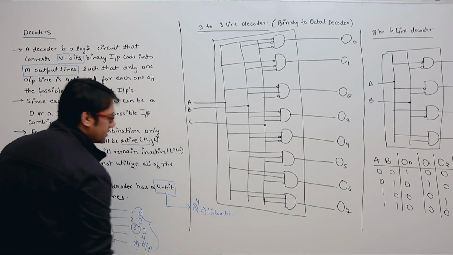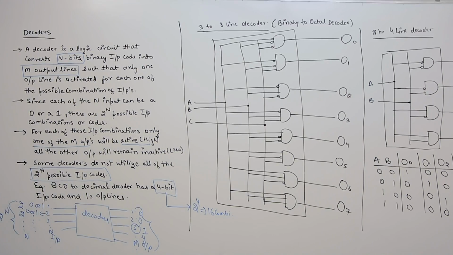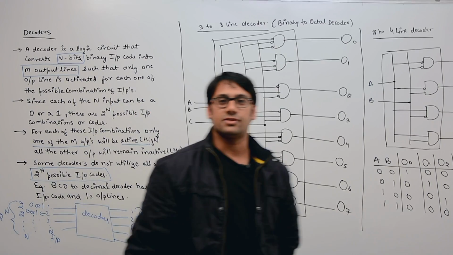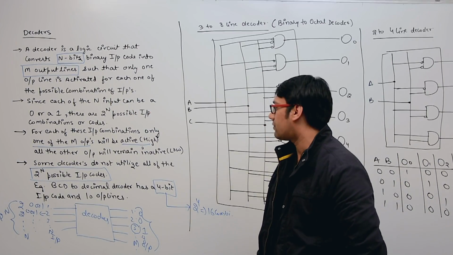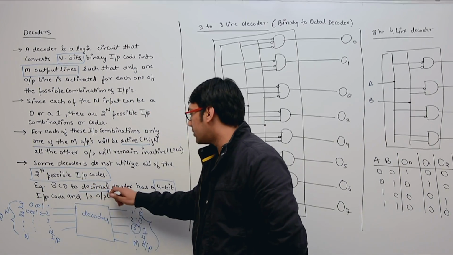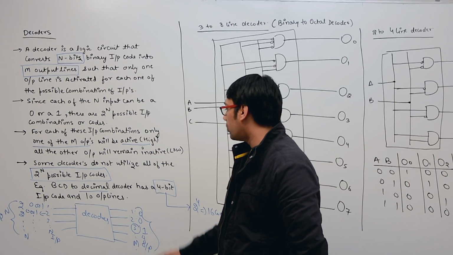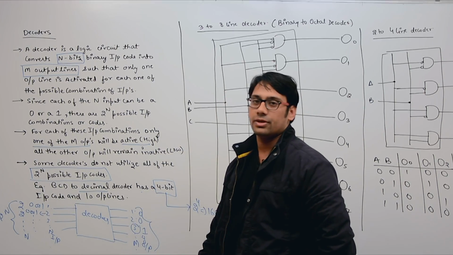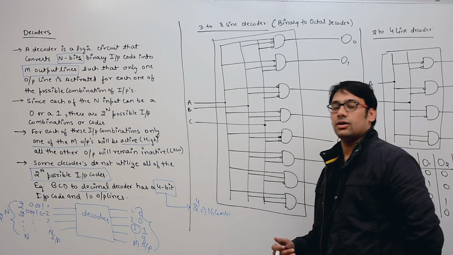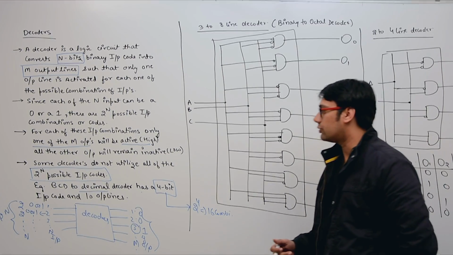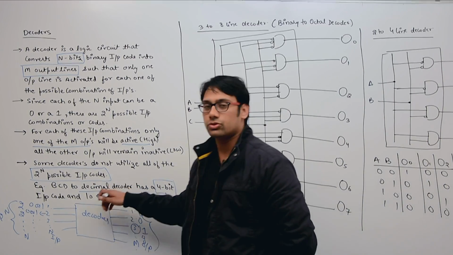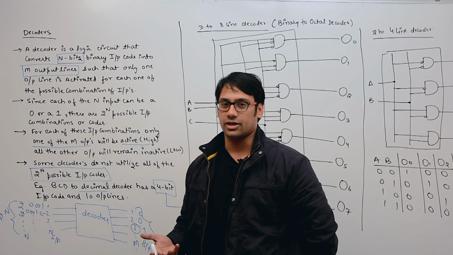But we are not interested in all those 16 combinations. We are only interested in the combinations which are representing a decimal number. Decimal numbers are from 0 to 9. That is why we are only interested in the first 10 combinations, and the remaining 6 combinations are of no use to us. Therefore we ignore those combinations, represented as don't care conditions.